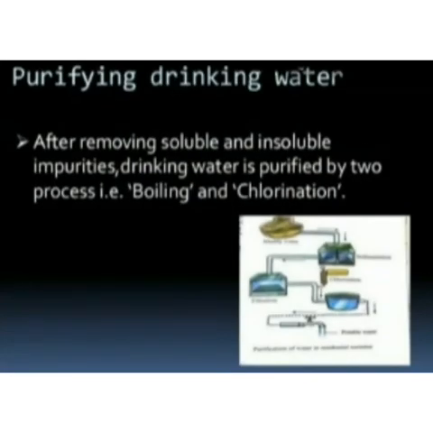So what are the processes to get purified drinking water? There are many processes, but mainly we will discuss three methods: the boiling method, the chlorination method and the water purifier, and how it helps us.